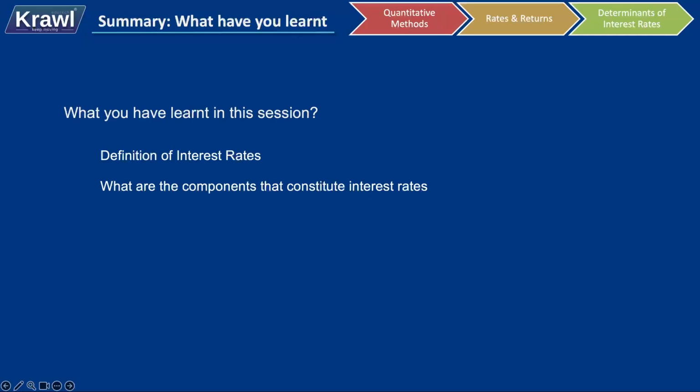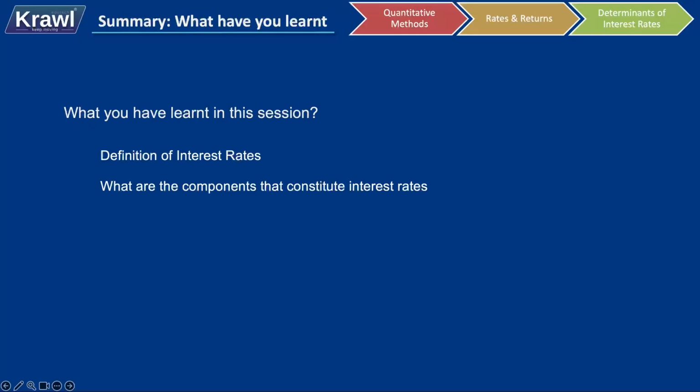So let us now summarize what we have learned in this session up till now. We have learned the definition of interest rates. So interest rates we represent by R, and it is actually a rate of return, or it could be a discount rate, or it could be an opportunity cost, depending on the context in which it is being discussed.